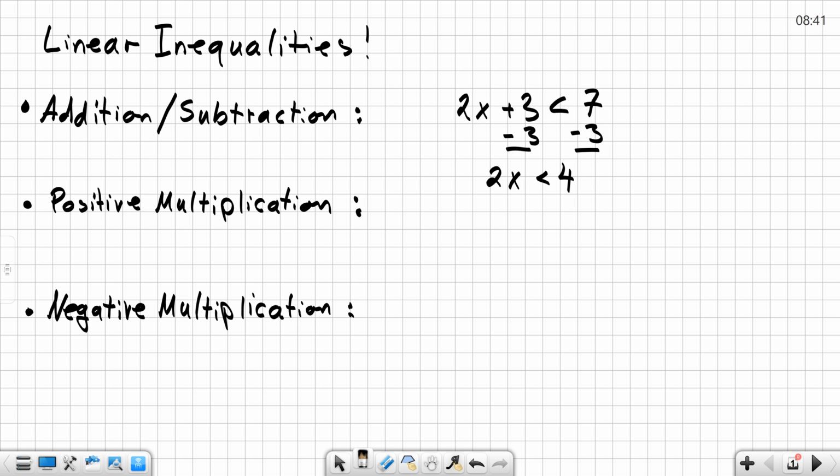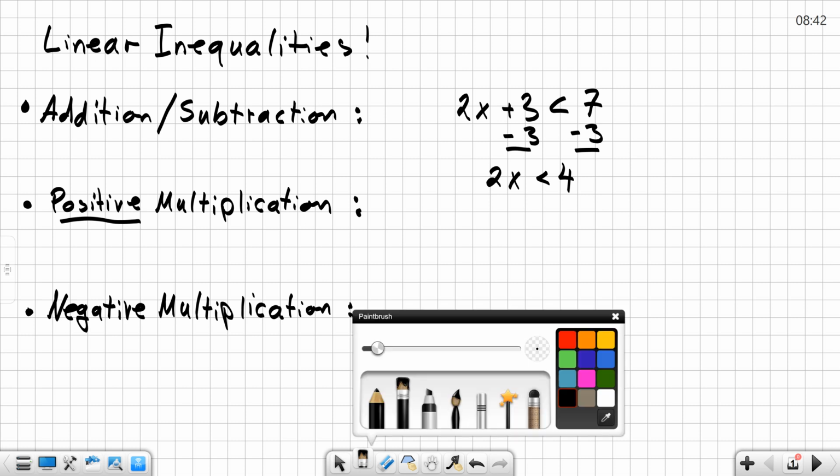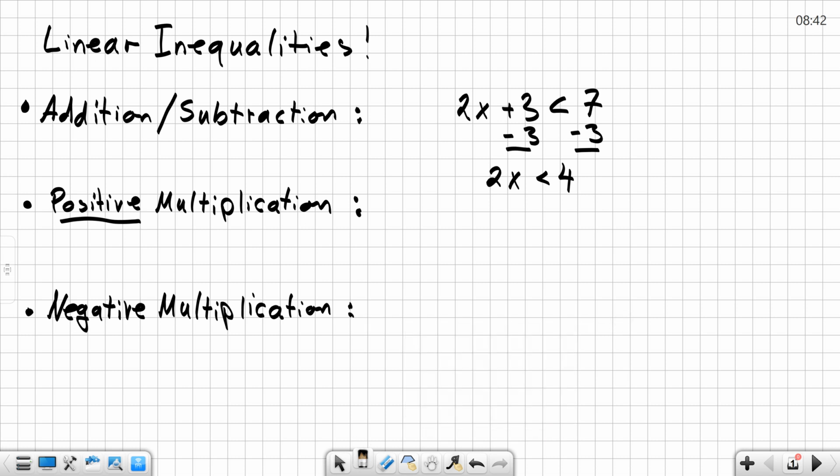Now we have positive multiplication. Positive multiplication or division, that is the same thing. I am allowed to theoretically multiply both sides of this inequality by 1/2.